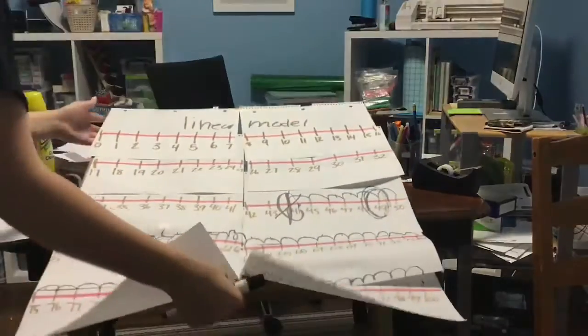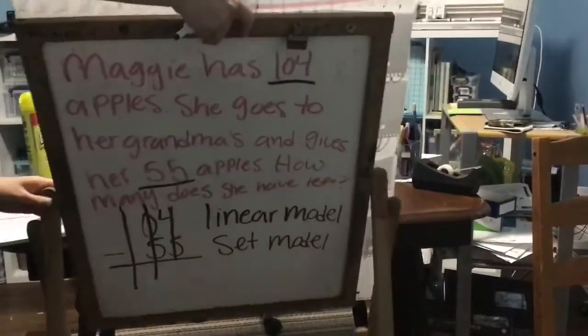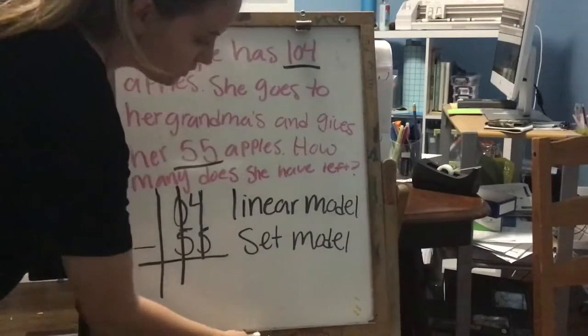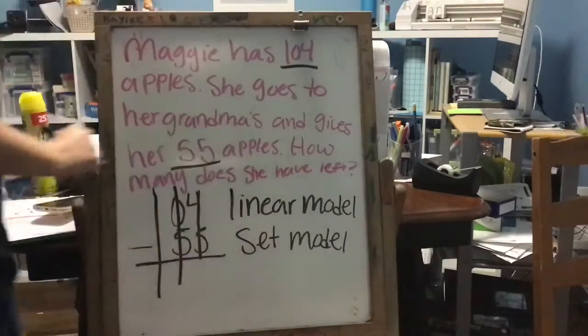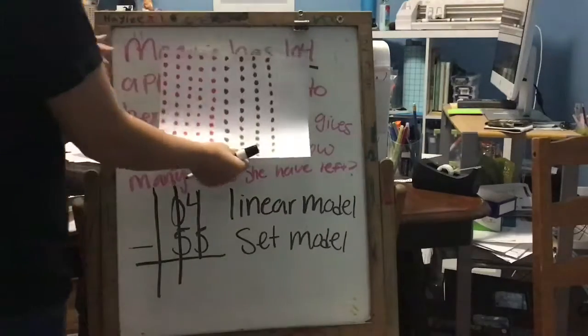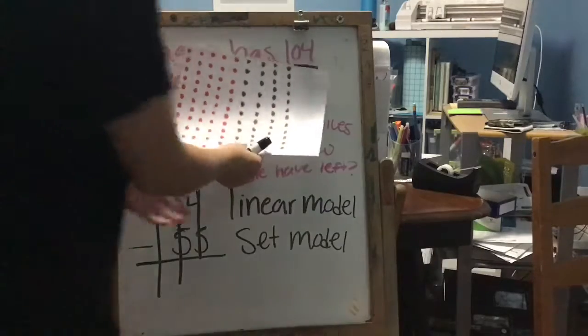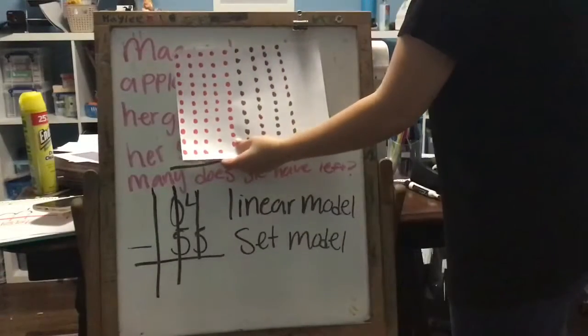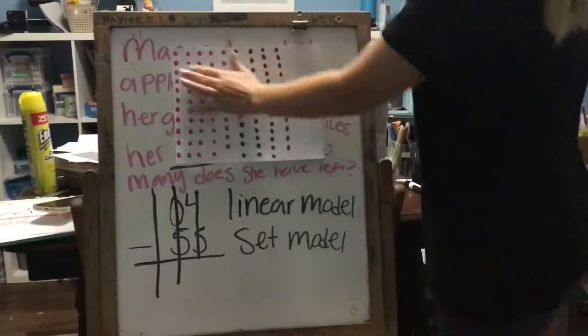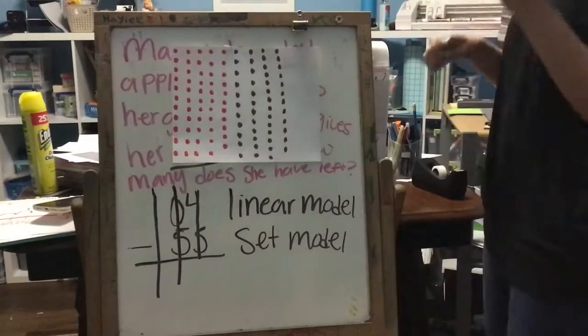What we do for the set model is we can draw pictures, we can just draw dots, you can draw whatever. I've decided to draw some dots. So I drew 104 dots. So here I have 104 dots.